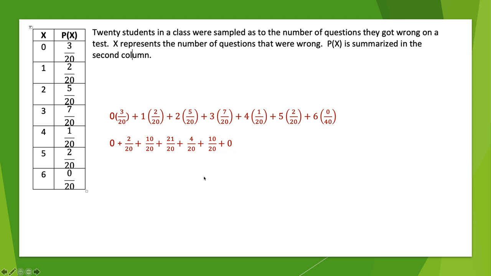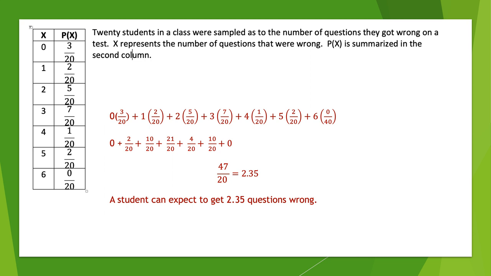Then I add all of those numbers up, just like I did in the previous problem. Remember, with denominators and fractions, you keep the denominator the same. I get 47/20ths. And if I do 47 divided by 20, I get 2.35. So that means a student can expect to get 2.35 questions wrong on any given test.